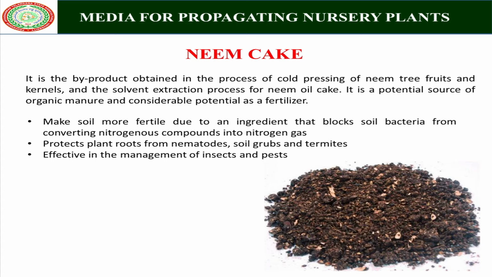Neem cake is a byproduct which is obtained after cold pressing of neem fruits and kernels. After removing oil from the neem fruits and kernels by solvent extraction method, the remaining byproduct is called neem cake, and it can be used as a potential organic manure and also as a fertilizer.